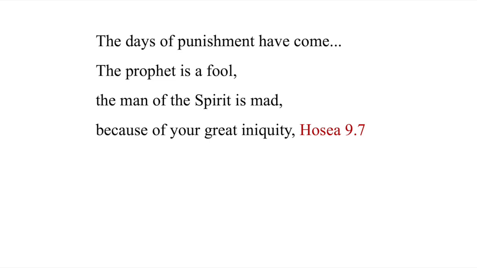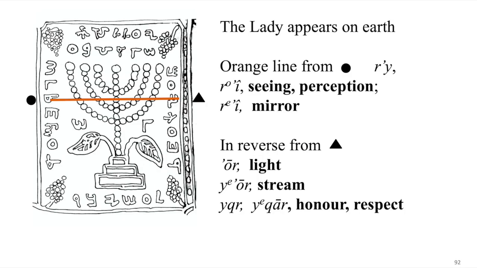The man of the Spirit is mad because of your great iniquity. Who has turned the prophets into fools and spiritual men into madmen? Answer: the great lady, because you have done something against her. And that's Hosea. Hosea is the earliest writing prophet. Now, the lady appears on earth.